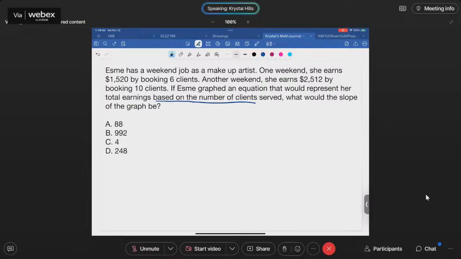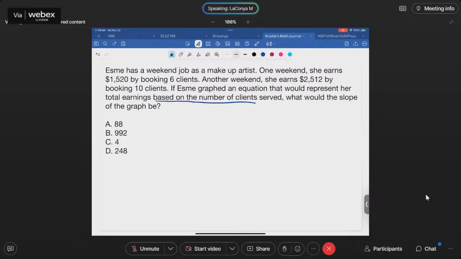Okay, someone tell me what is my first coordinate in this problem? I chose 2,512. For your first, that's going to be your Y2.